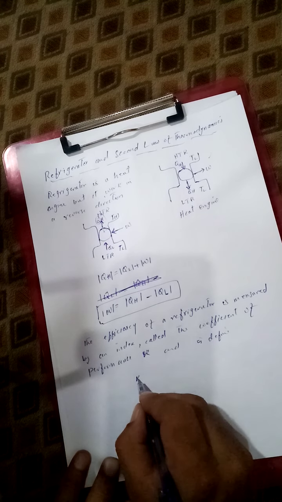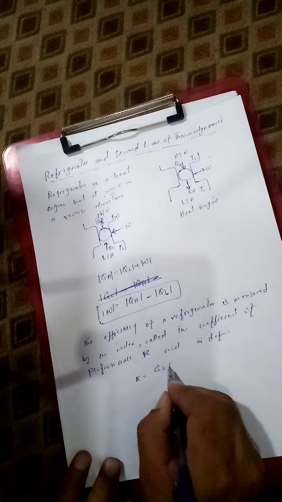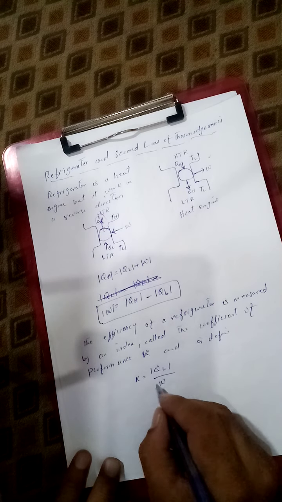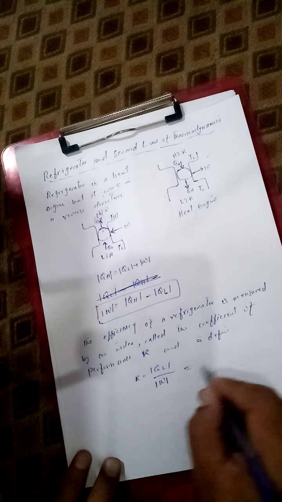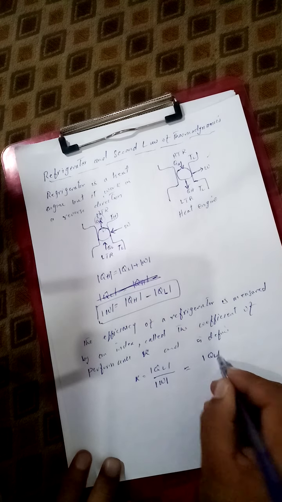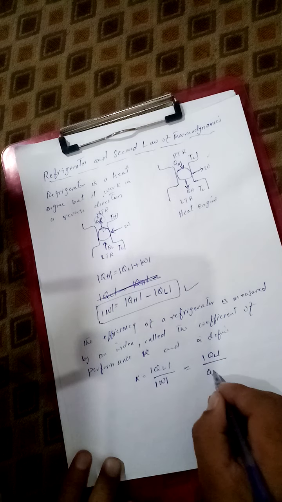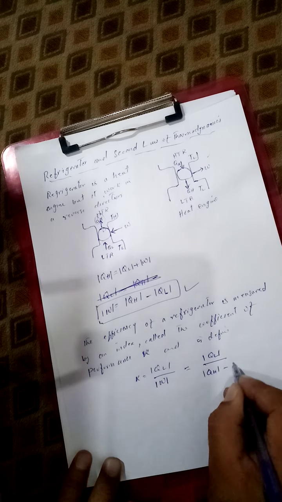K is equal to the heat supplied by the low temperature reservoir divided by the work done. Putting in the work done, this becomes QL divided by QH minus QL.